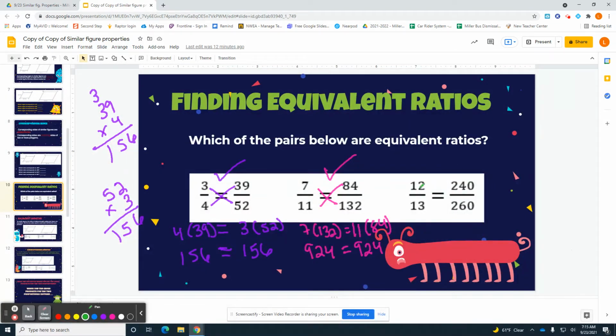So you have 12/13 is equal to 240 of 260. So you're going to find your cross products and multiply. So you're going to have 12 times 260 is equal to 13 times 240. Are those two equivalent? So you're going to multiply those two. If they each give you the same answer like these did, then yes, it is equivalent. If they don't, then it is not equivalent. Okay?